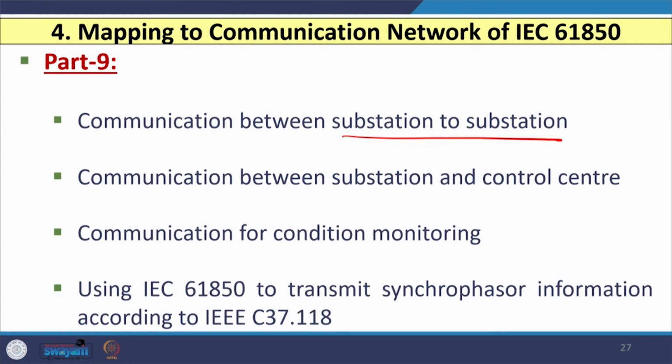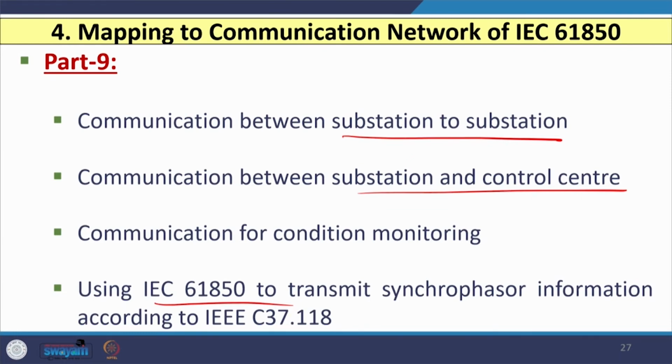They have also mentioned how the communication between substation and control center is to be carried out, how the communication in case of condition monitoring is to be carried out, and using IEC 61850 to transmit the synchrophasor information as per the IEEE C37.118 standard, how that transmission is to be carried out.